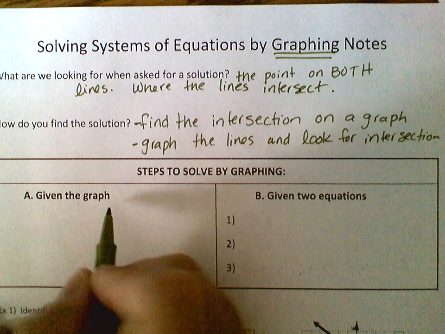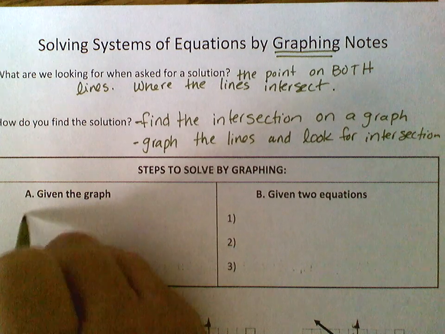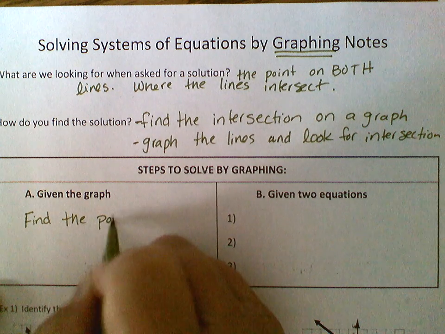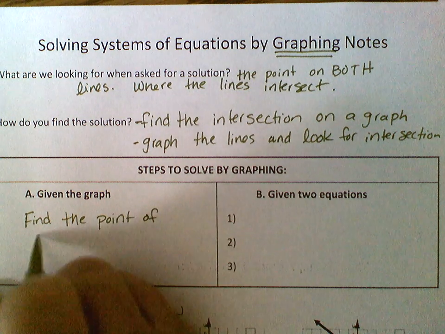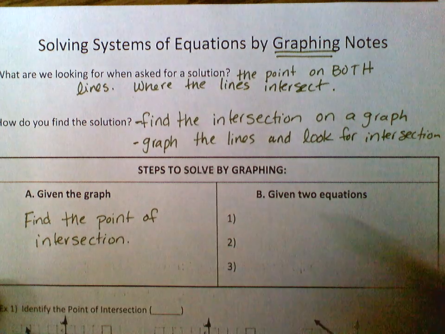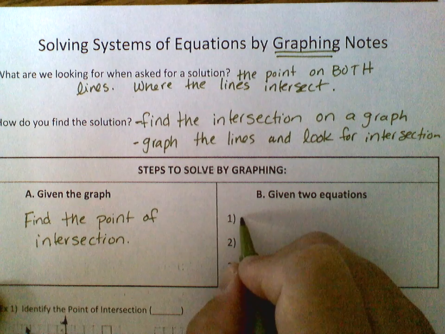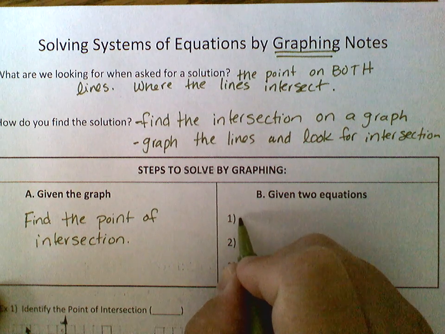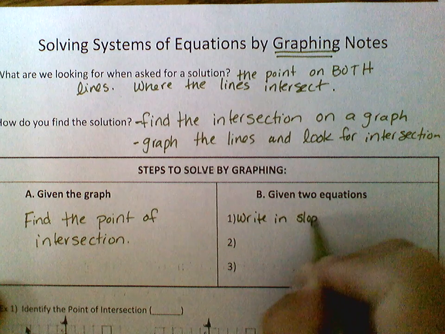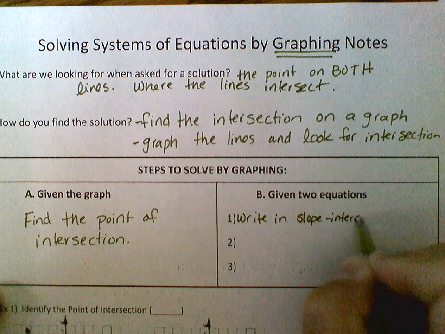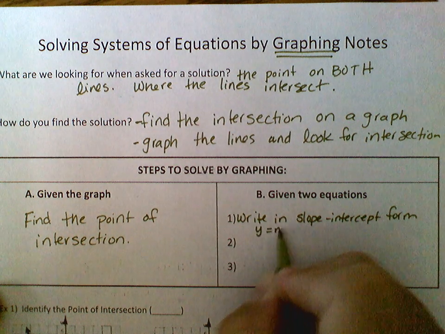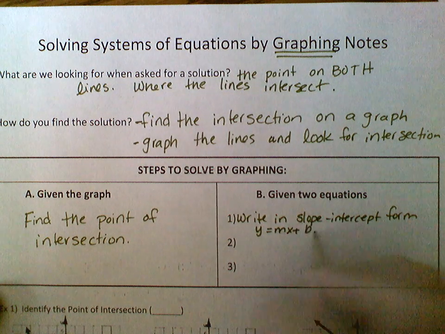So again, if we're given a graph, we find the points of intersection. If we're given two equations, first, remember to graph a line, we have to write it in slope-intercept form, which is y equals mx plus b.